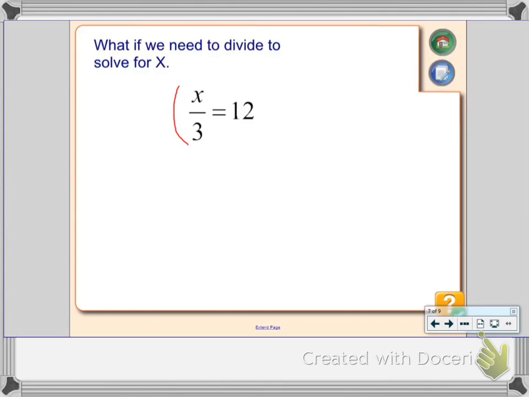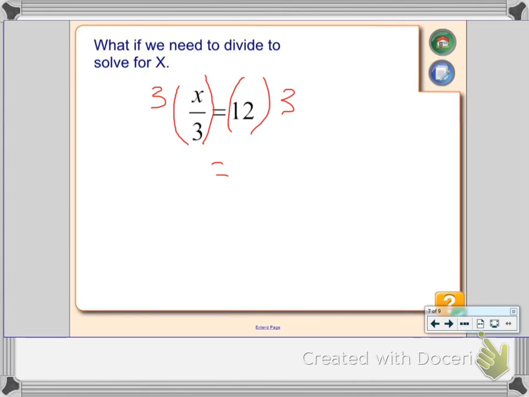So I'm going to put parentheses around both sides of the equals sign: around x over 3, and around 12, because I'm going to be multiplying both of these by 3. Both sides of my equation get the same treatment.